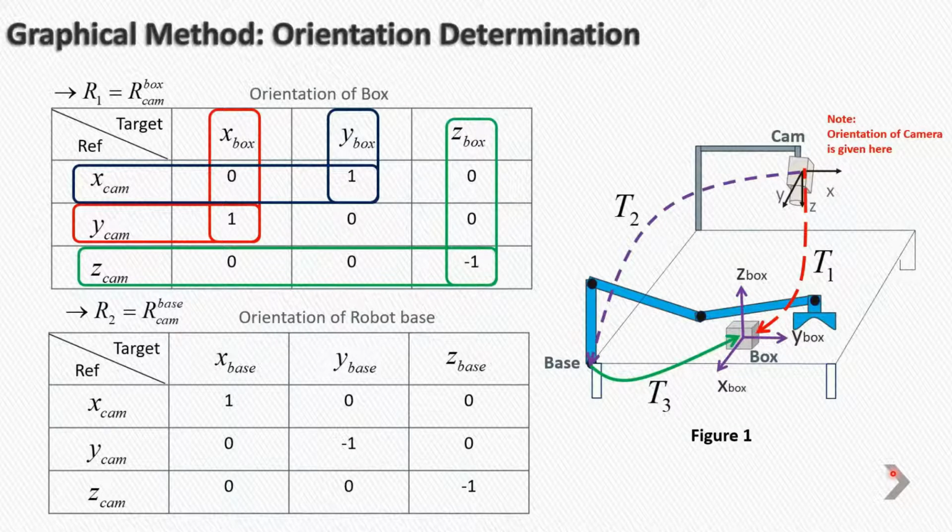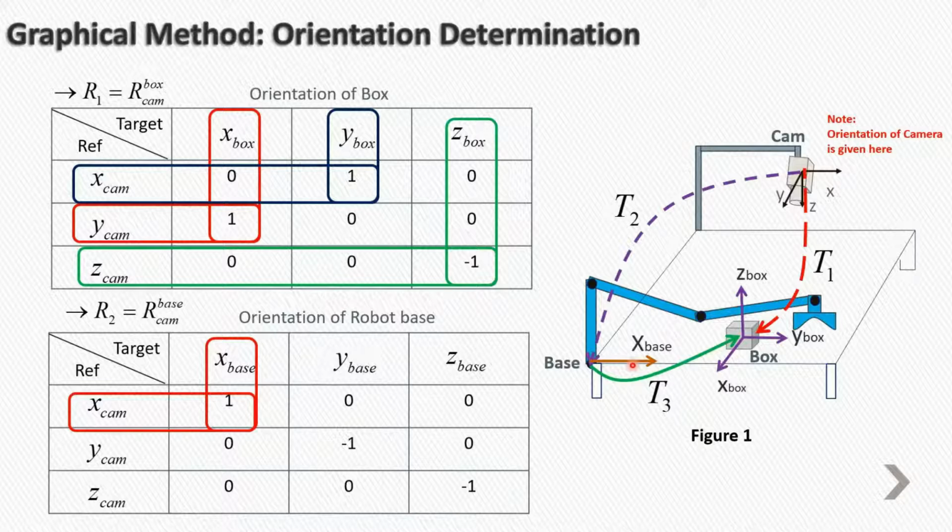For this case, the first one, we find that x base and x cam have the same pole, so we can draw the positive x for the base like this, at this arrow, at these poles.